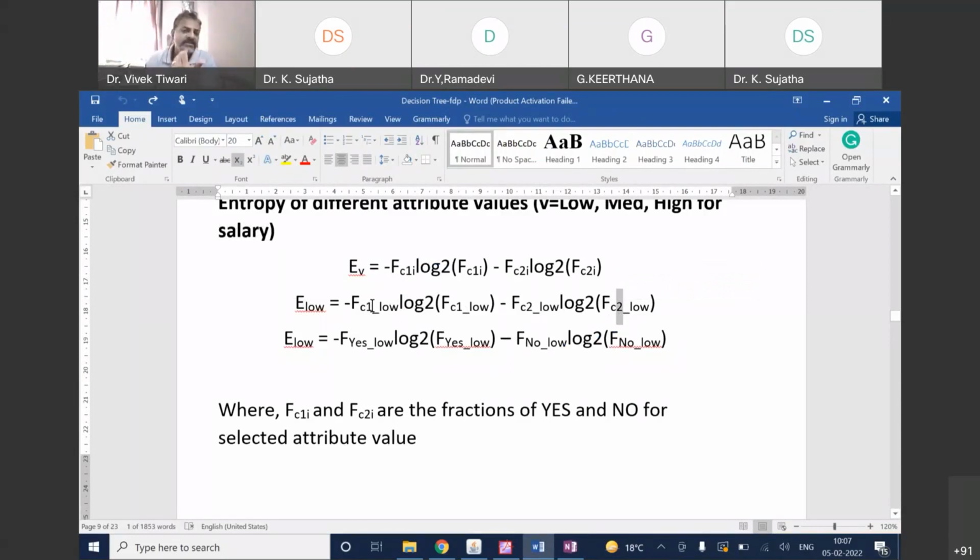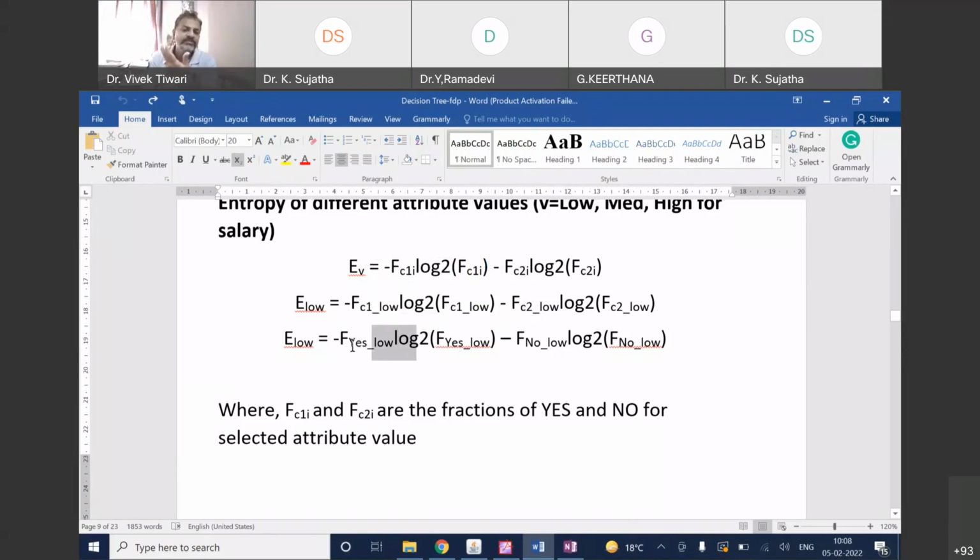C1 means yes. Take the total number of observations that belong to the yes class. Out of those, how many belong to low? That is called the fraction of low under class C1.